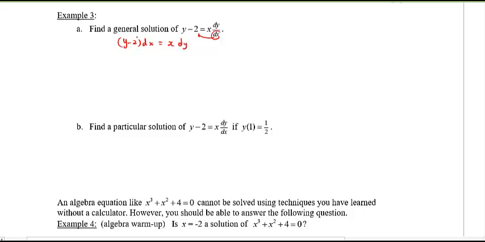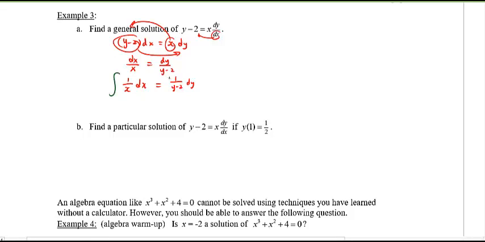I would now take the y minus 2 and put it on the right side, and take the x and put it on the left side. So you have the following: dx over x equals dy over y minus 2. Now, if that doesn't float your boat, then I'm going to write this as 1 over x dx equals 1 over y minus 2 dy. And I think now this will help you integrate.